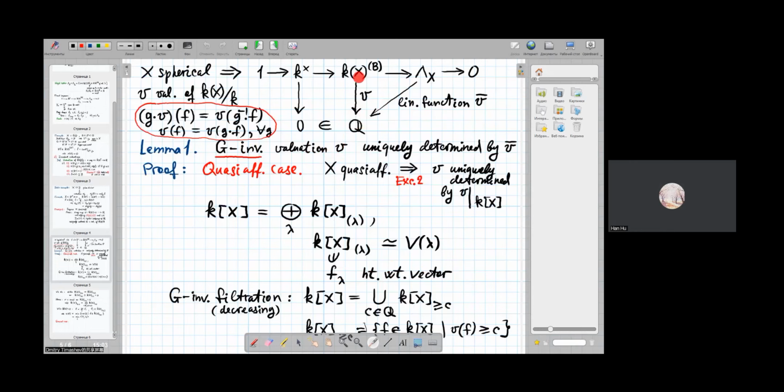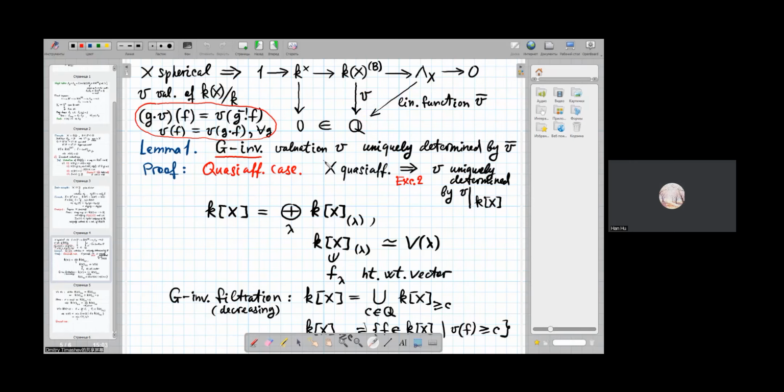In this construction, V needs not to be G invariant. But then V cannot be restored from V bar. So you may have one and the same V bar for different V's. But if V is G invariant, then it can be recovered from V bar. This is the point of this lemma.